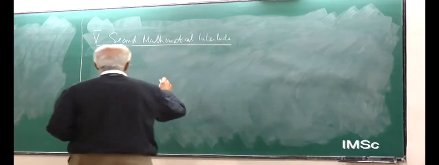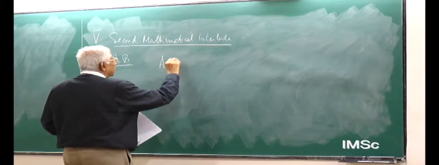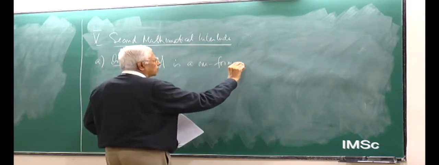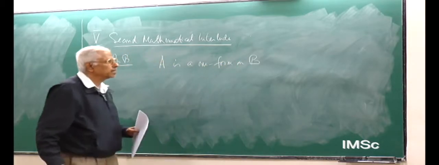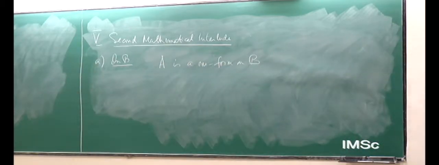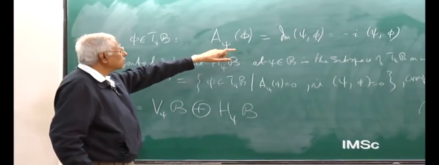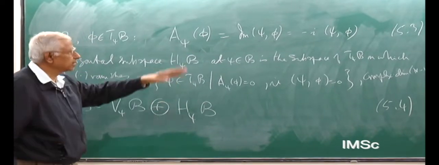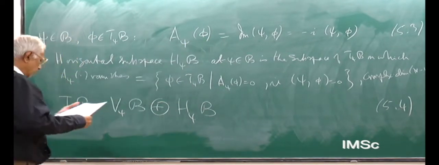Now, I said A is a one form on B, on the manifold B. So that is what is defined here. At each point of B, this equation tells you how A at that point acts on tangent vectors there. This is its action.